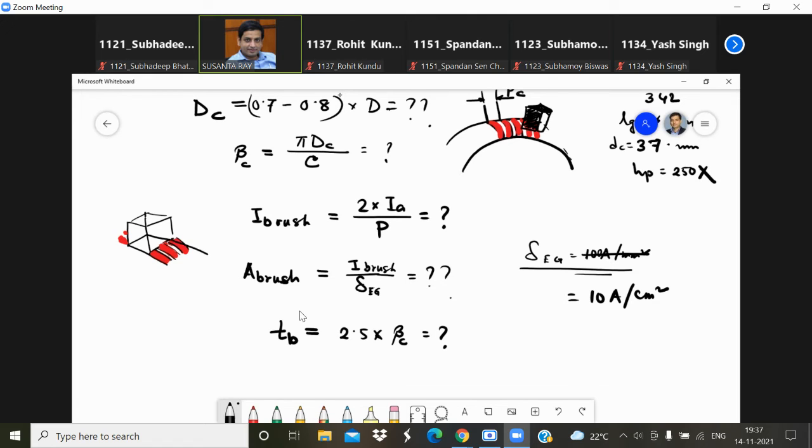Understood? So this is your TB, the thickness of the brush.